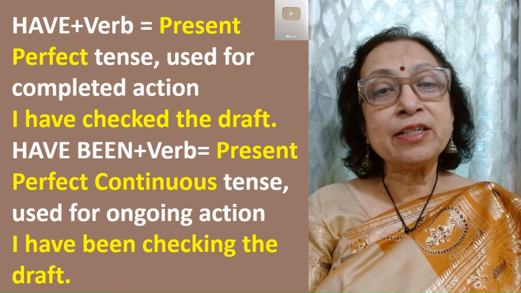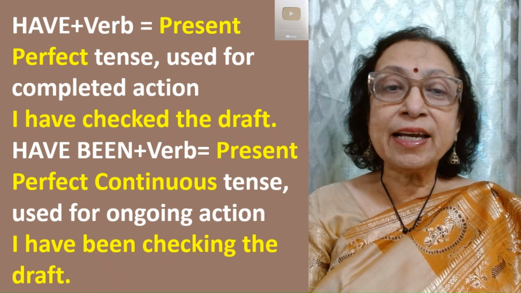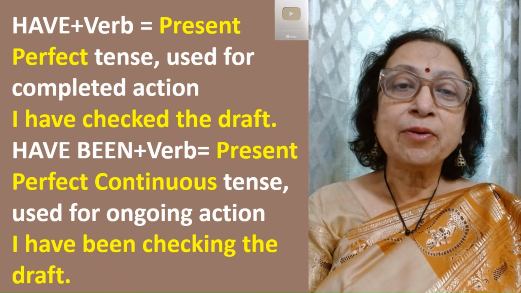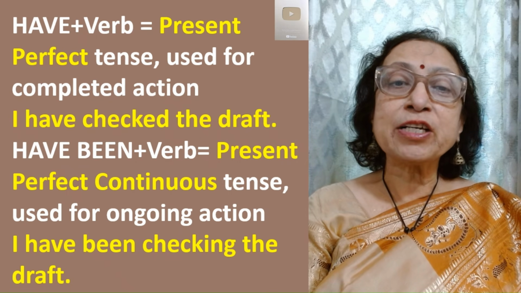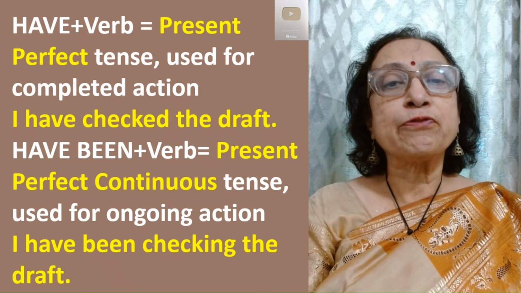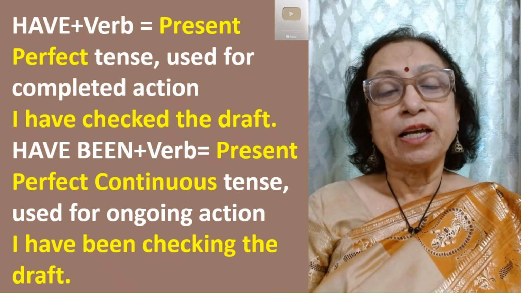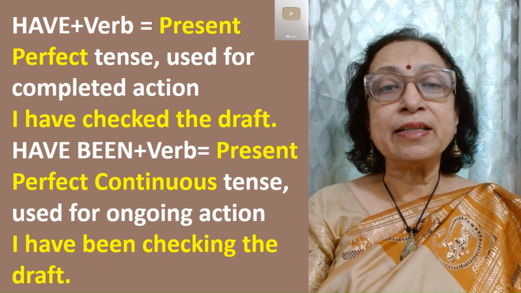Check is the present tense, checked is the past tense, checking is the present participle, and checked is the past participle. So the verb has these four forms. From the root of the verb, these are the four forms you can derive. So the past participle and the past tense are the same in this verb.